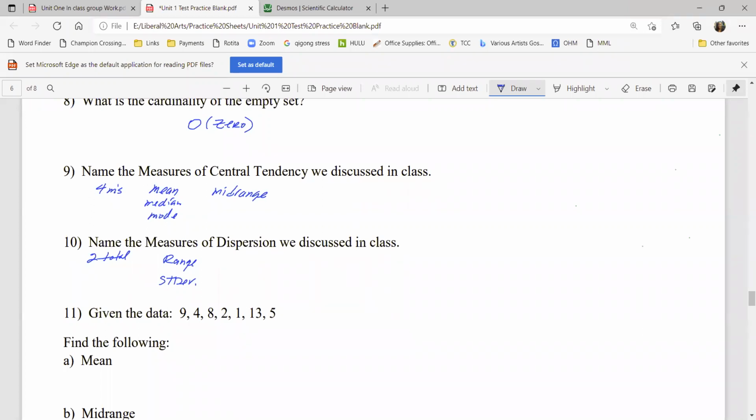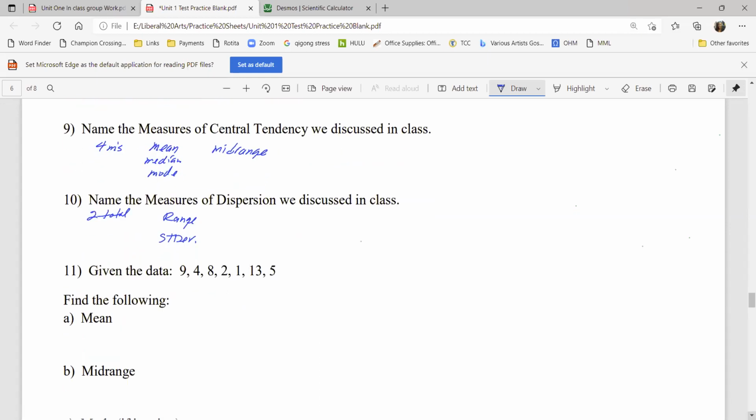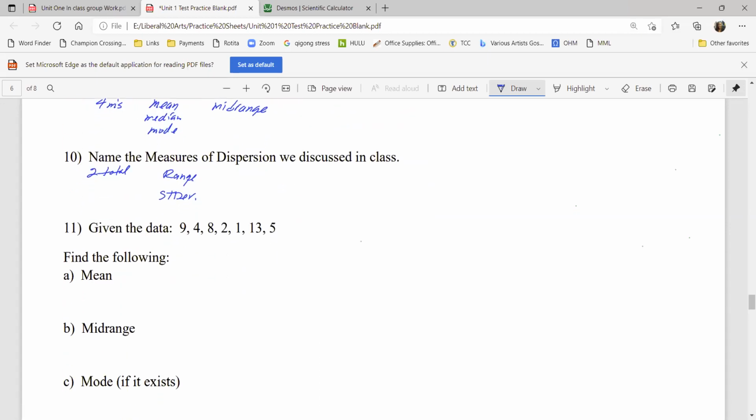So range and mid-range is different, right? Yes. What's that bottom one on number 10? Standard deviation. So you only have 2 total things there. 2 total, range, standard deviation.